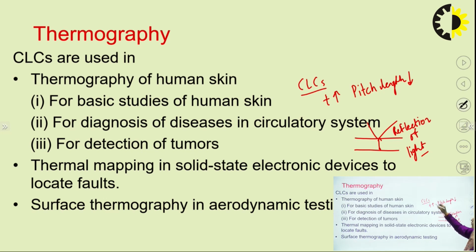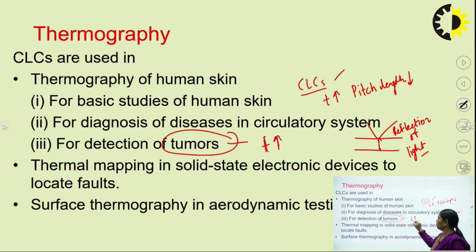This phenomenon of cholesteric liquid crystal can be used for thermography of human skin. As we all know, where the affected area is there, in case of tumor, more heat is generated, and the temperature is higher. So when the cholesteric liquid crystal comes at that tumor area, the pitch length decreases and it appears in a different color.